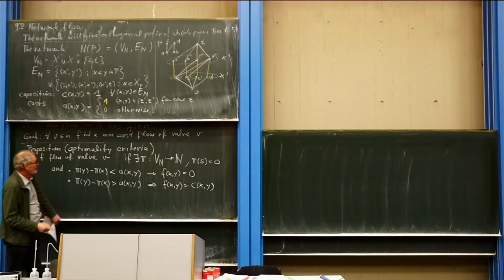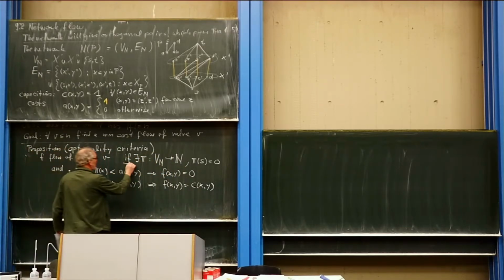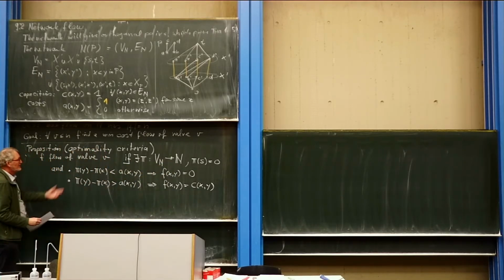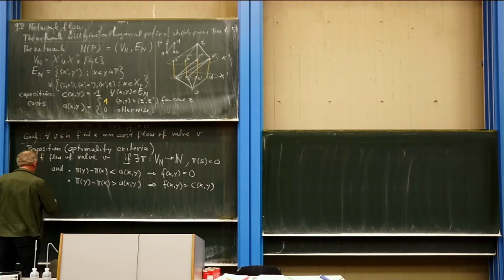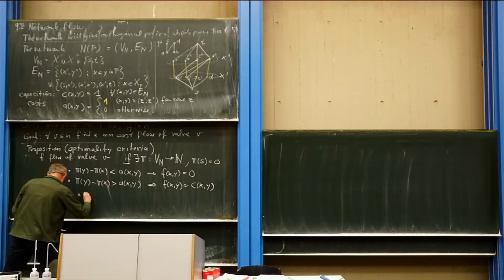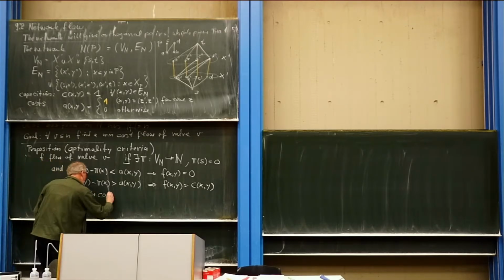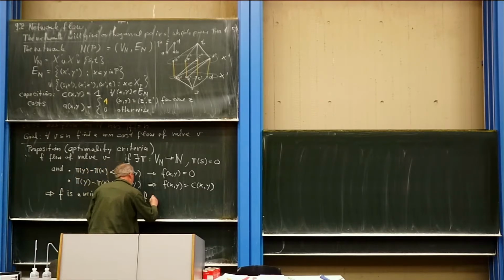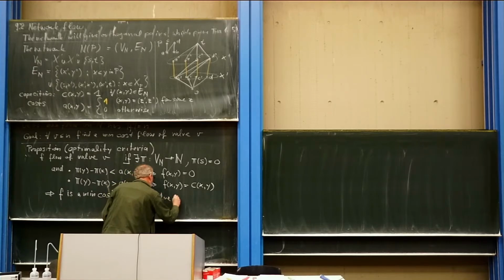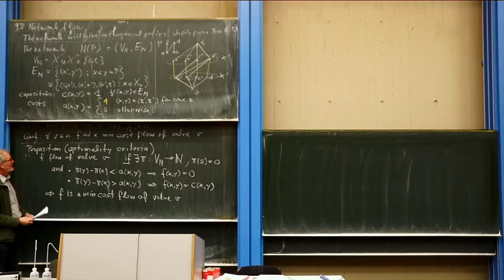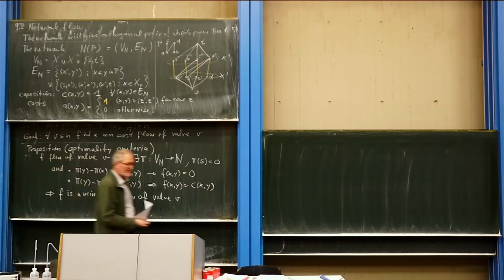So if such a pi exists which satisfies these conditions, then we know f is a min cost flow of value v. This is important.